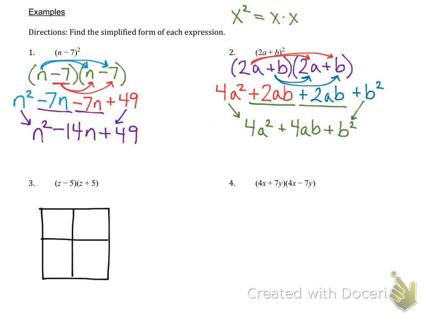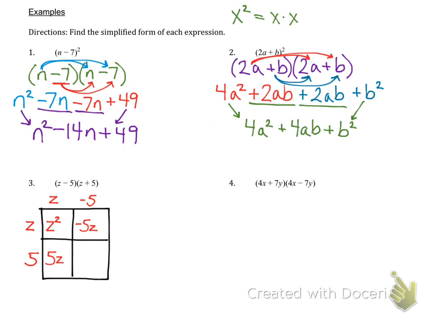For number 3, I'm going to show you the box method again. So I'm going to write the first binomial at the top. So I have z, and then a negative 5, and then z, and then a positive 5. When I multiply z times z, I get z squared. Z times a negative 5 is a negative 5z. Z times 5 is 5z.